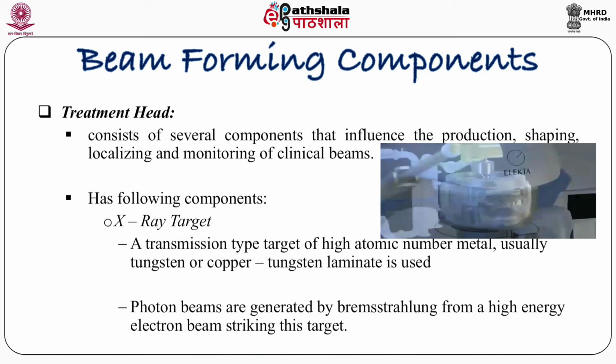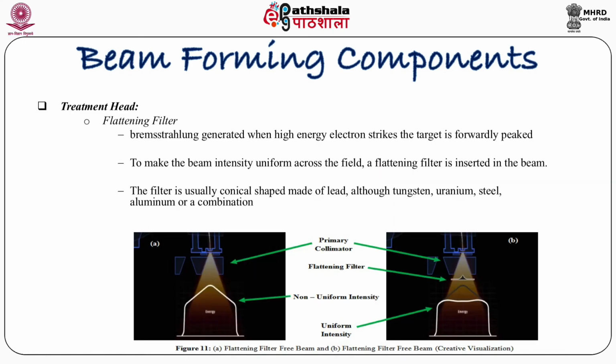Copper tungsten laminated is used. Photon beams are generated by Bremsstrahlung from a high energy electron beam striking this target. When high energy electrons strike this target, photons are generated in the forward direction. The treatment head also contains a flattening filter.